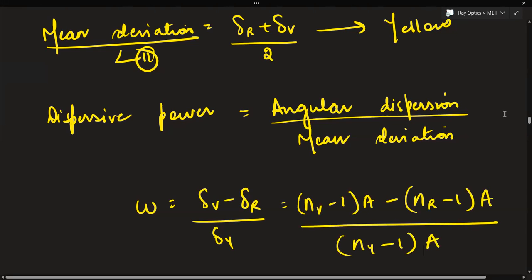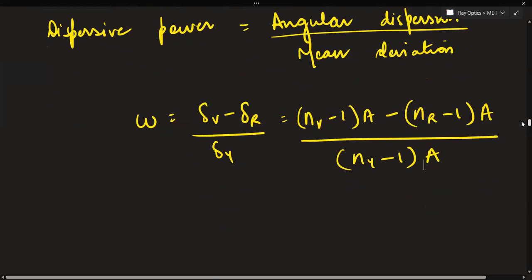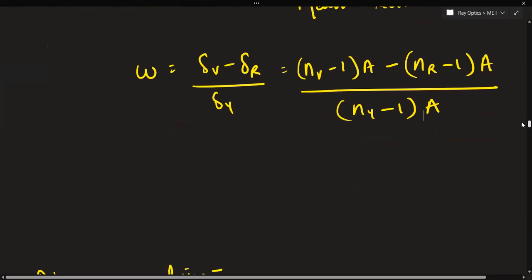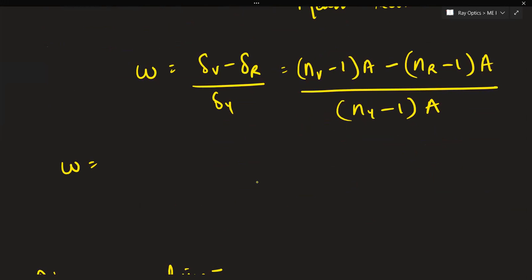Now just expand it. So omega will be equal to, when you open up the brackets, you will be left with A, the 1 will get cancelled, so you will have NV minus NR into A. The 1 gets cancelled, plus 1 minus 1.